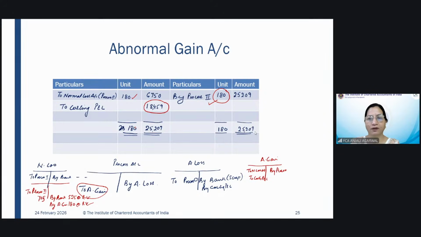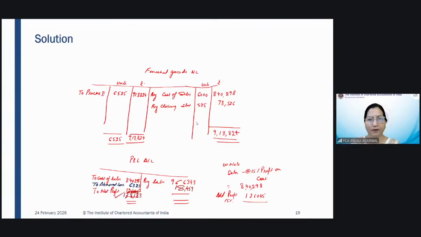So units will always match with the units and amount should always match with the amount. Costing P&L profit is of three elements. Number one, sales minus cost of goods sold or cost of sales. So this came out to be 126,045. However, there was abnormal gain of 24,000 something, but out of this, 6,000 which we could not realize because of scrap is deducted, and there is abnormal gain of 18,459.